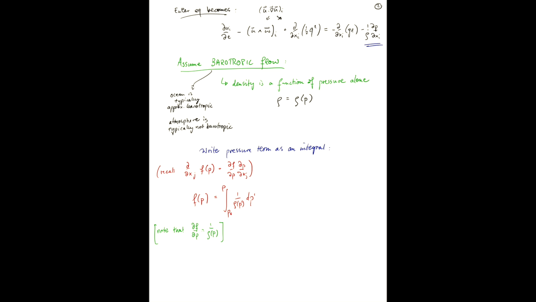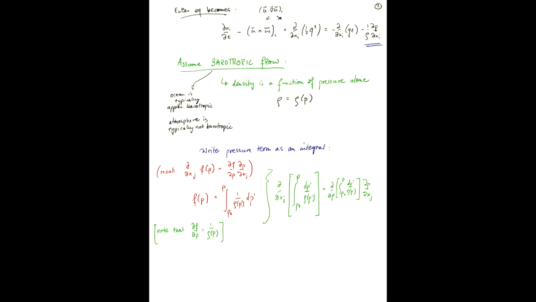So if we have that, then we can write d by dxj of the integral from P0 to P of dP' over rho of P' as, now using the chain rule, this would just be d by dP of the integral from P0 to P of dP' over rho of P' times dP dxj.